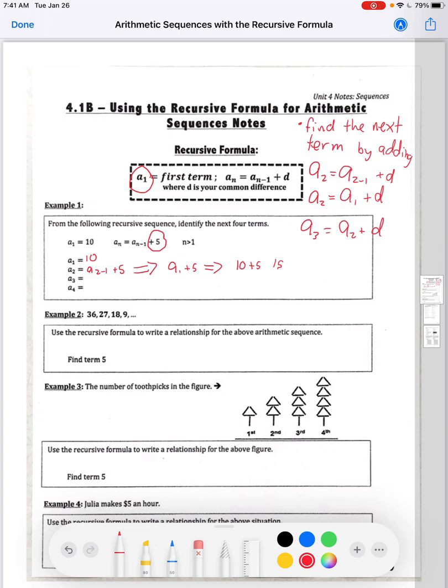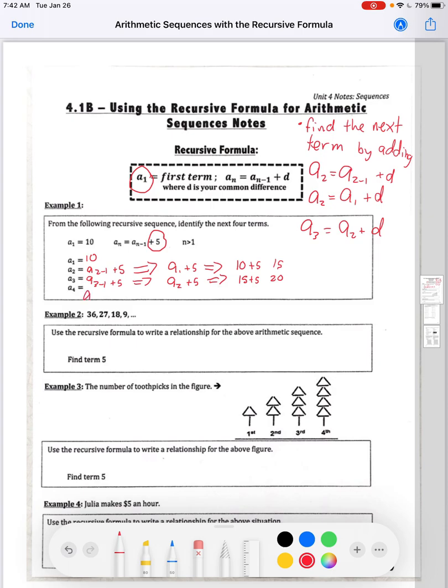Similarly, a of 3 would be the same thing as a of 3 minus 1 plus 5, which would become a2 plus 5, which would become 15 plus 5, or 20. Keep going. One more.